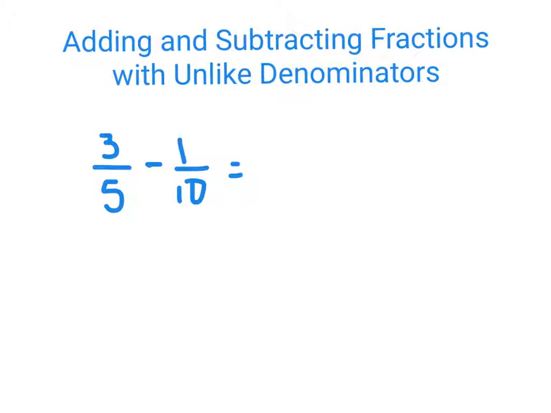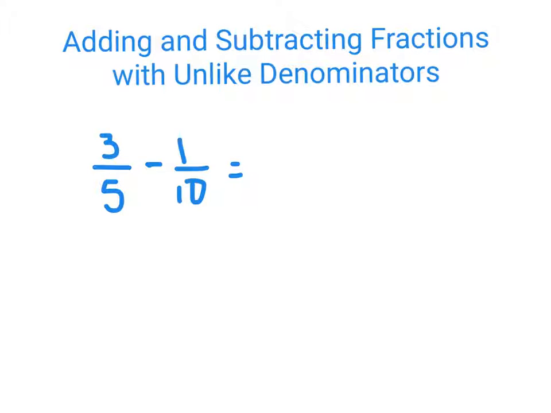We need to use multiplication. So if I am going to get these denominators to be the same, then I want to multiply this 5 by 2 to make it a 10. We're always looking in these problems to get the denominators to be the least common multiple.